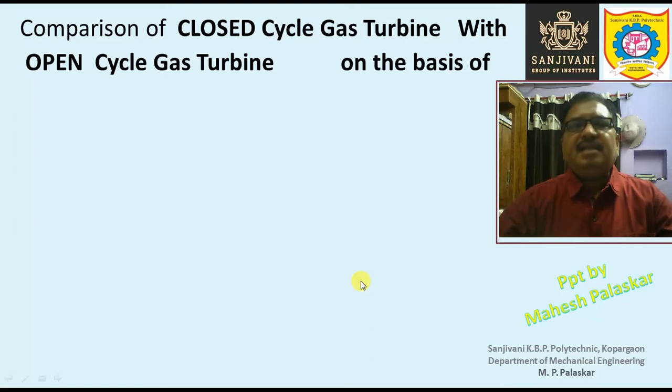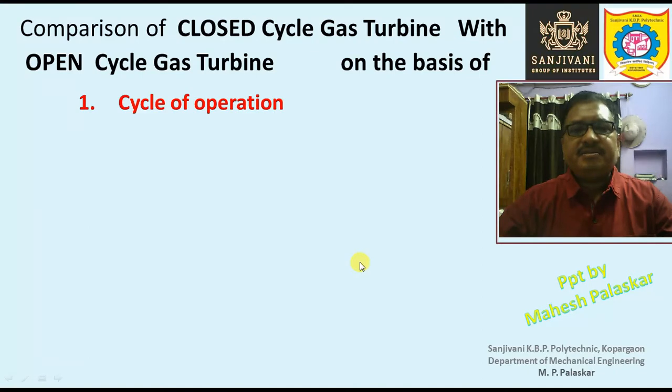Let us compare the closed cycle gas turbine with the open cycle gas turbine. On the basis of some points, we are going to compare the two. In case of the closed cycle gas turbine, the cycle is closed.